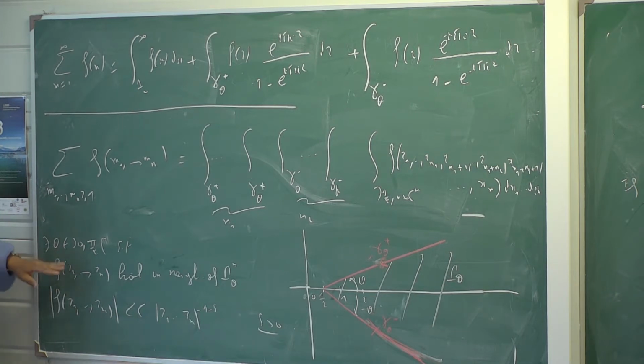So for a holomorphic function in a neighborhood of this set satisfying this condition, by iterating the one variable case, you obtain this formula.